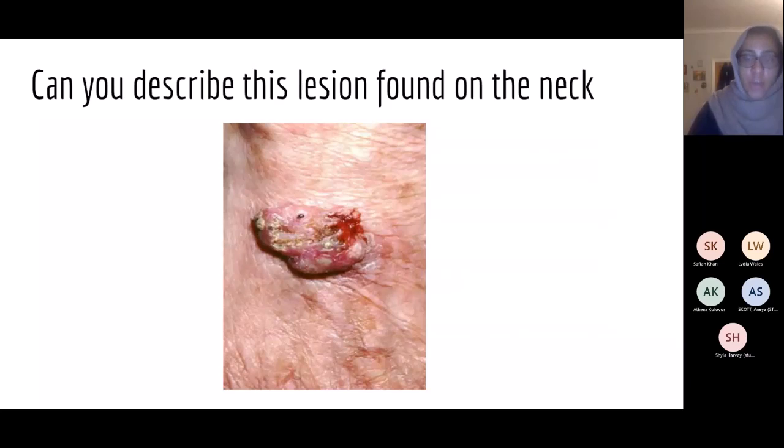Again, I'm going to give you a minute to describe this lesion that's found on the neck.